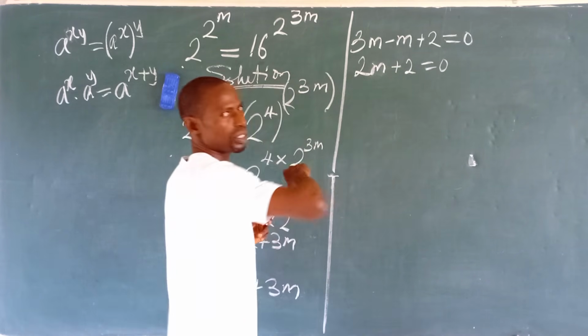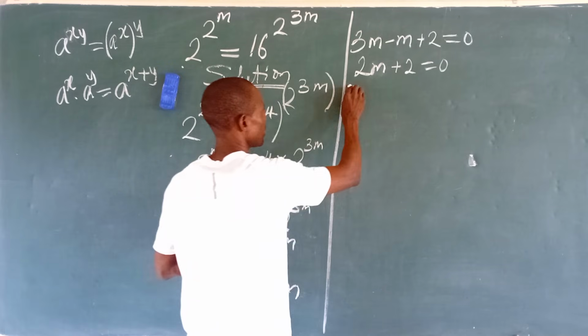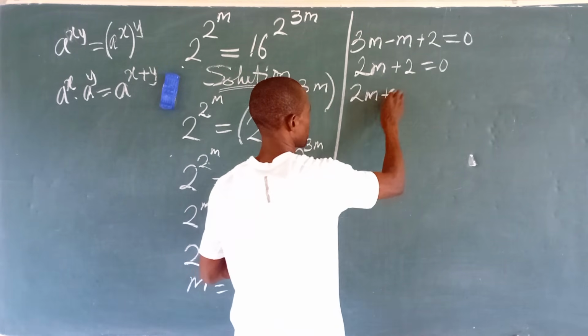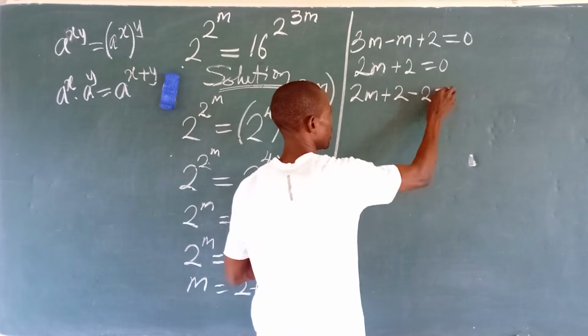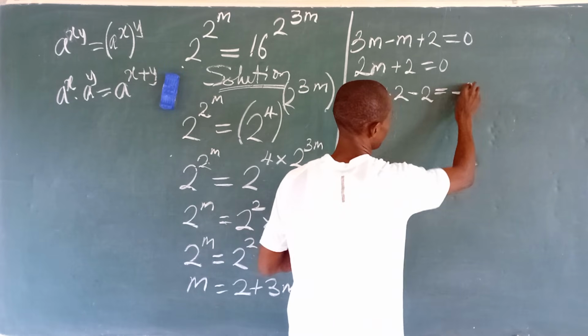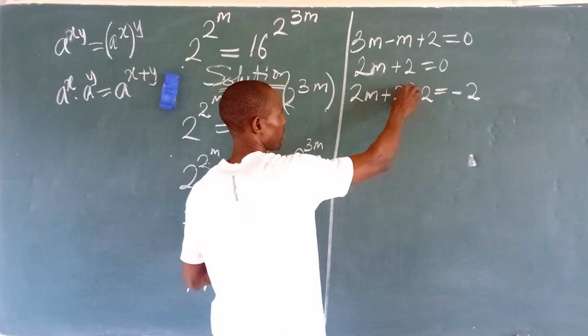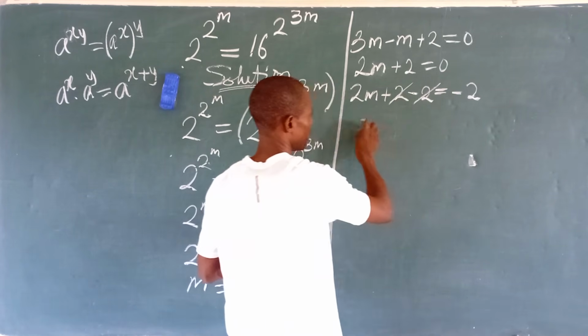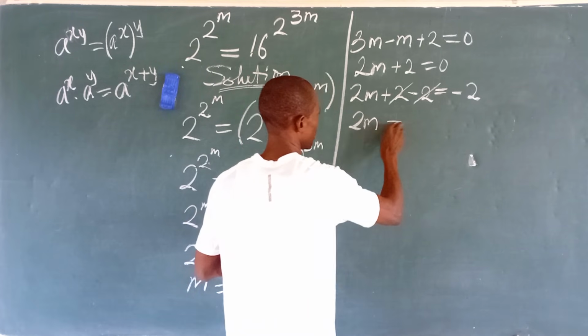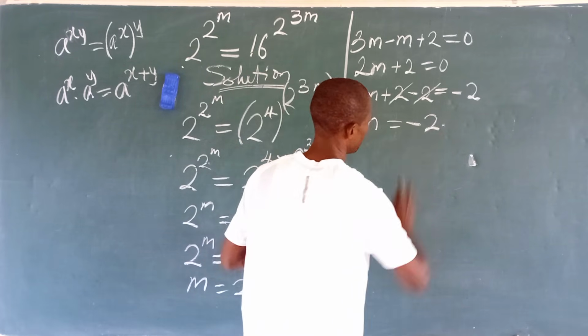If we subtract, we have 2m plus 2 equal to 0. Subtract 2 from both sides, so we have 2m plus 2 minus 2 equal to minus 2. So we now have 2m equal to minus 2.